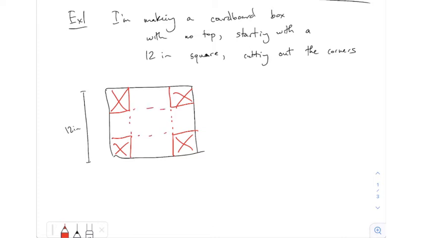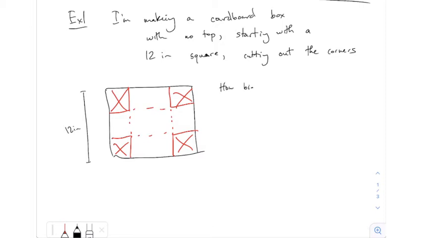This is the setup, all right? It's not in any way based on a true story, although you could do this if you wanted to, all right? You start with a big square. You cut out squares. I want to cut out squares from the corner, okay? And my question is, how big should I cut out the squares in the corner?